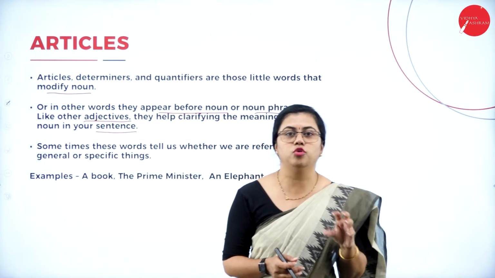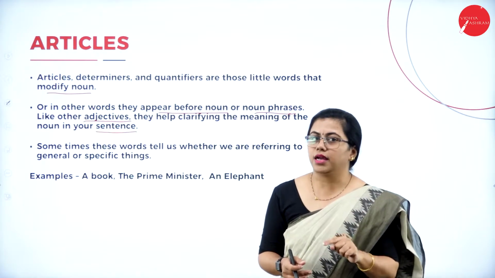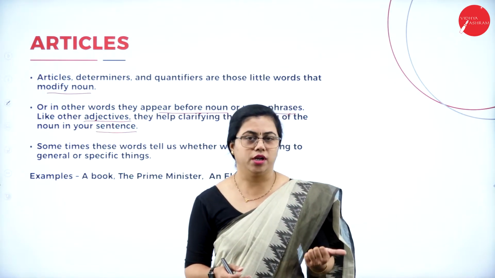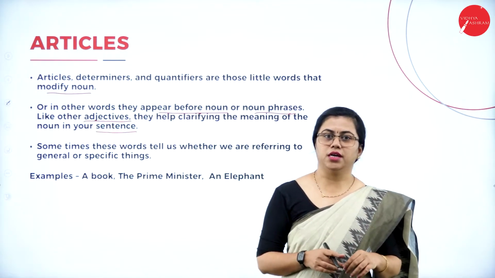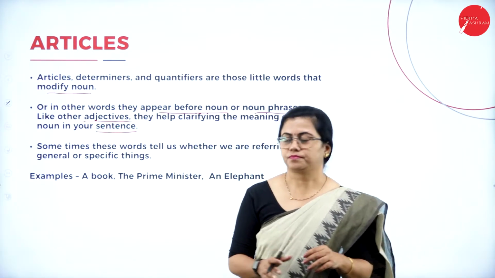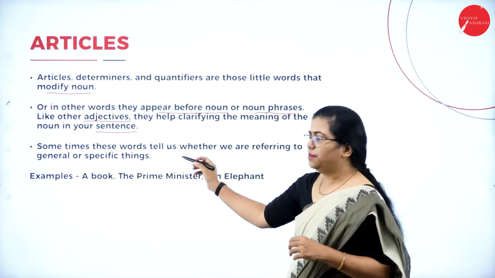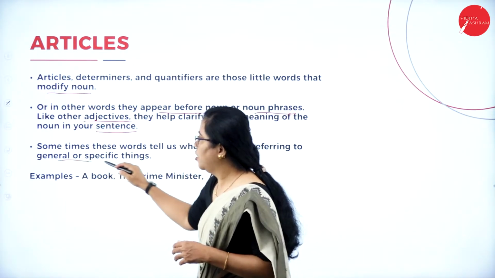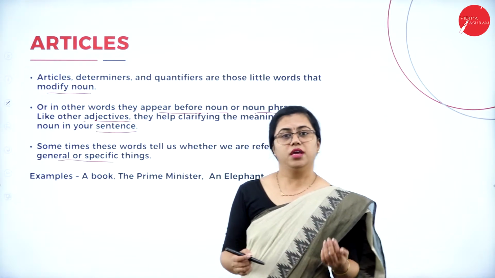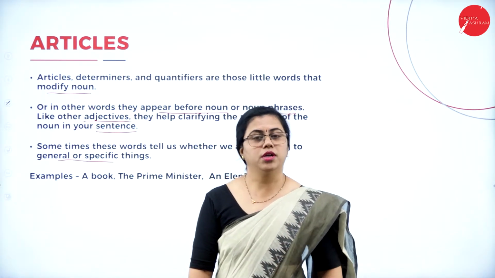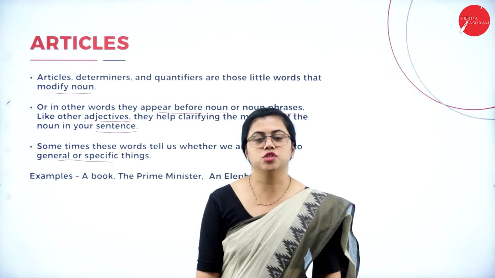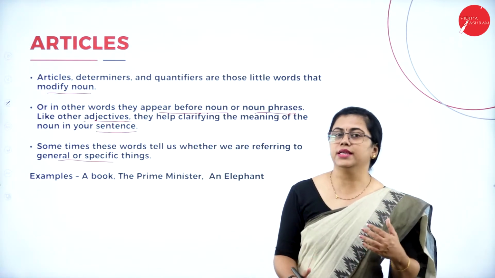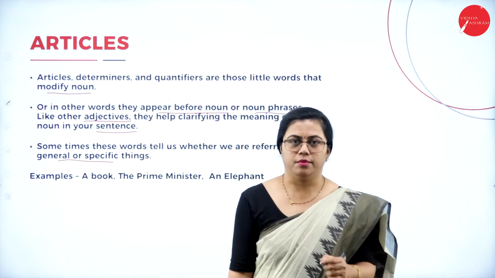The basic thing you have to know about articles is that they come just before the adjective or just before the noun or a noun phrase, and they qualify a noun. Sometimes these words tell us whether we are referring to general or specific things. We got to know about this when we spoke about determiners also, because an article is one of the types of determiners.